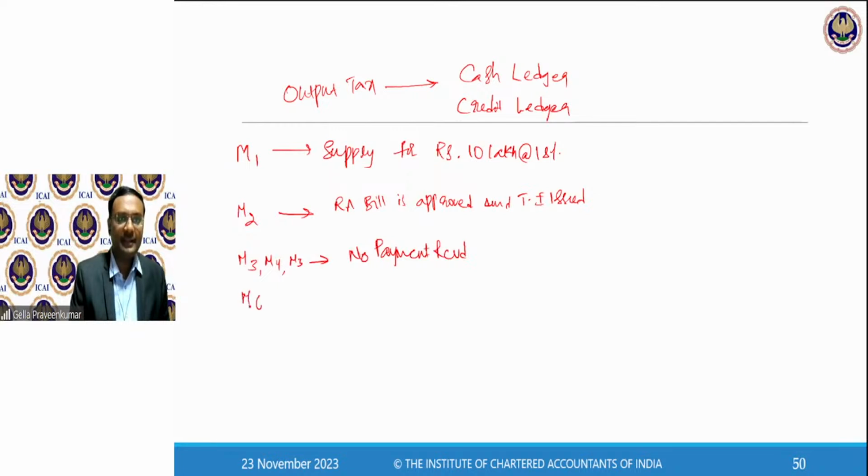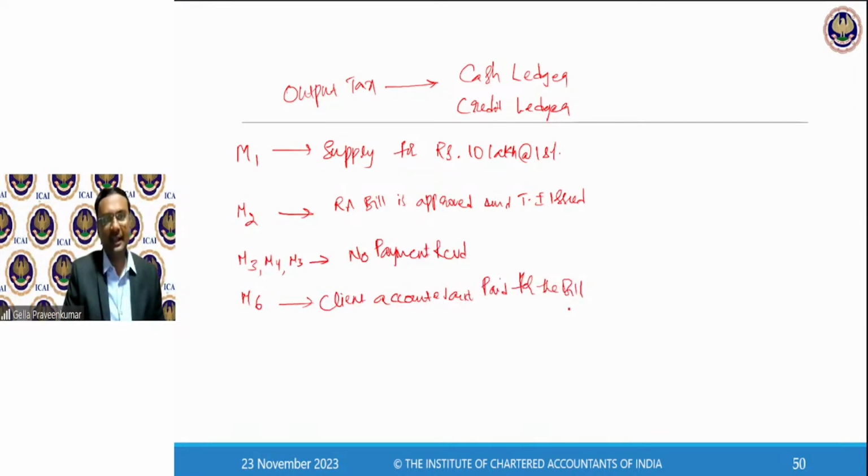In month 6, the client accounted and paid for the bill. This is a factual scenario.